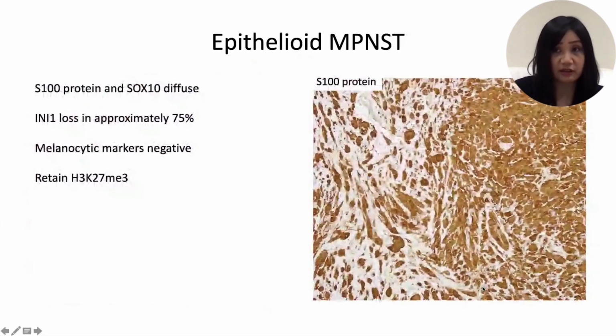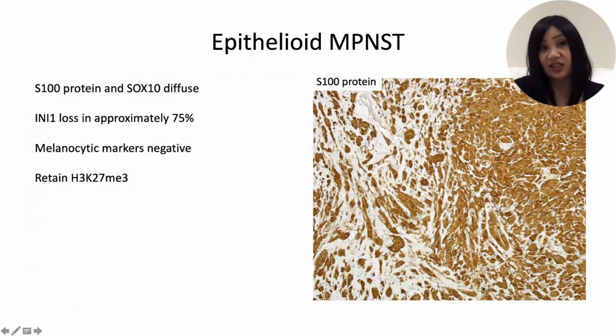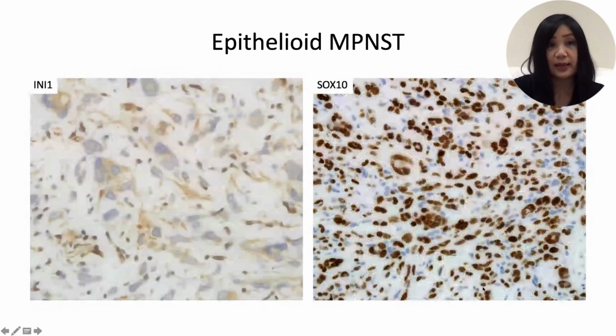And in contrast to conventional MPNST, epithelioid MPNST shows diffuse and strong S100 protein and SOX10. INI1 loss is seen in approximately 75%. Melanocytic markers are negative, and H3K27me3 is retained, in contrast again to conventional MPNST.